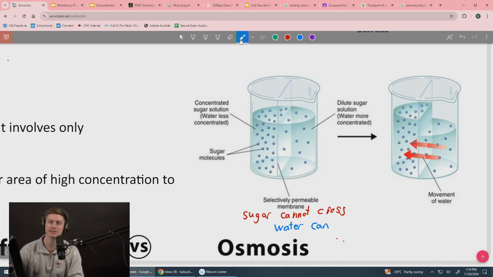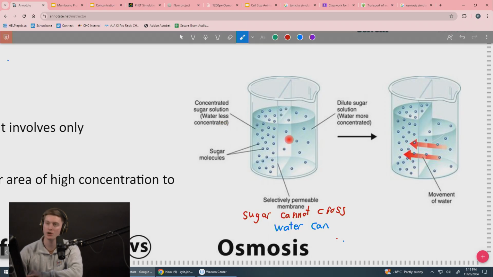For our previous examples of diffusion, we saw the solute move from the area of higher concentration to the area of lower concentration. If the solute concentration is high, that means the solvent concentration is low. We have a concentrated sugar solution, which means that we have a lower water concentration.